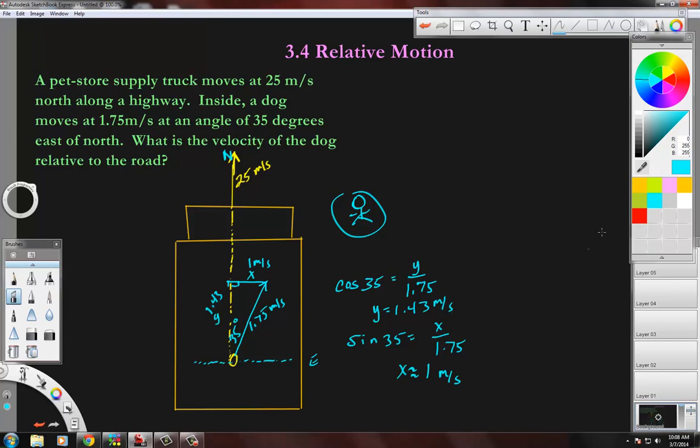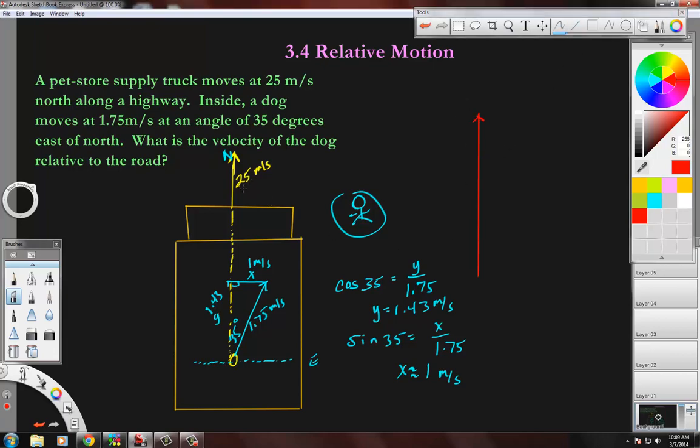All right, now I'm going to make a red triangle that is in relation to the dog and the truck speed in relation to the guy outside the truck. So if this is my north vector, how big is that? How fast is that?